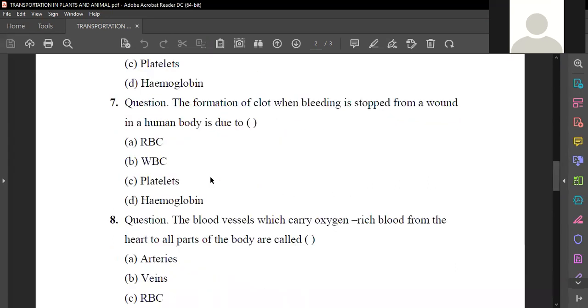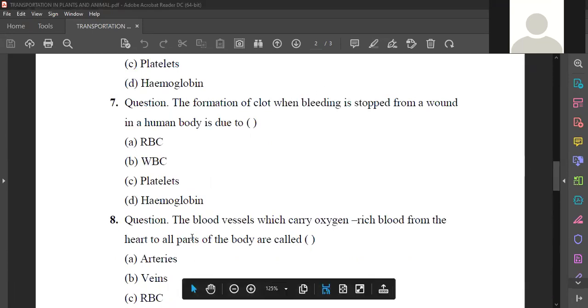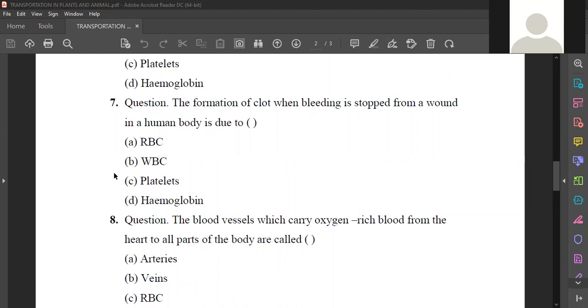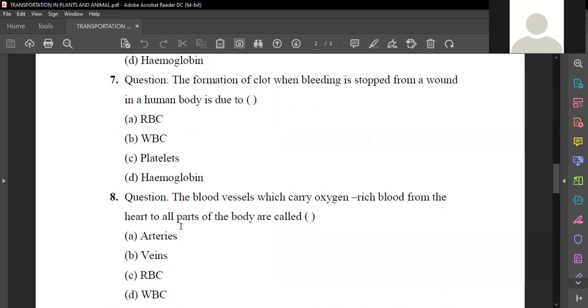Okay. Satvika, next question. The blood vessels which carry oxygen-rich blood from the heart to all parts of the body are called arteries. Very good.